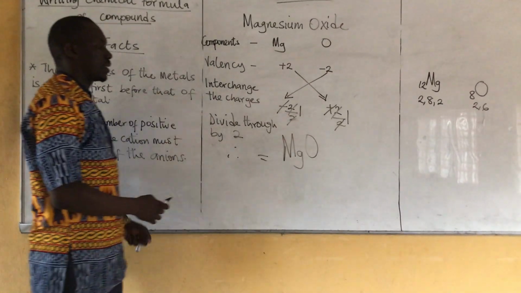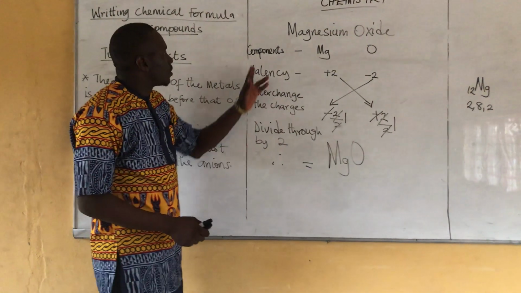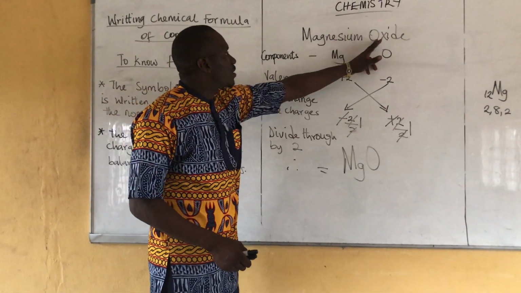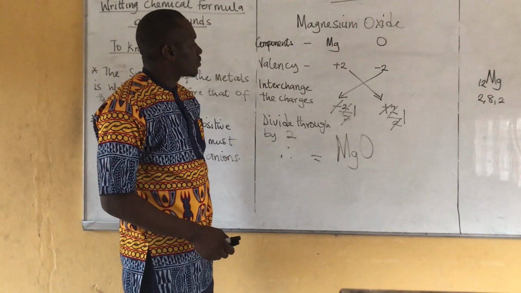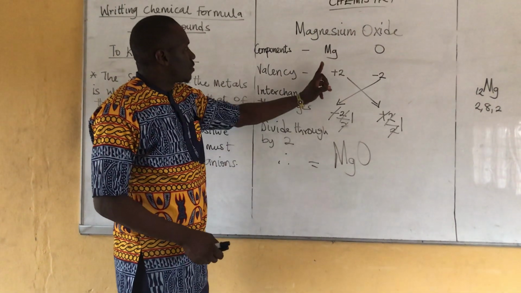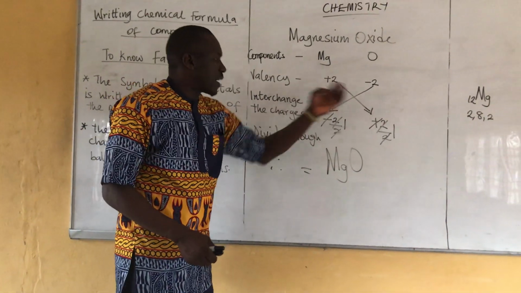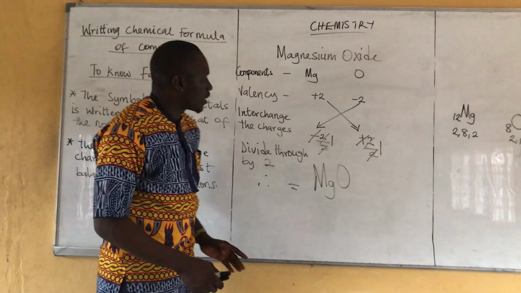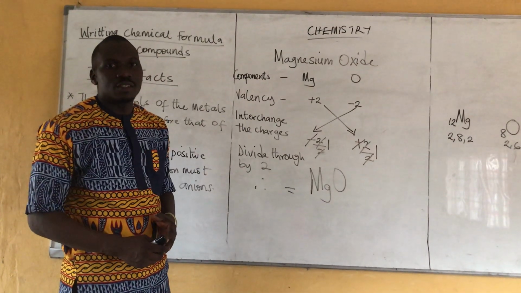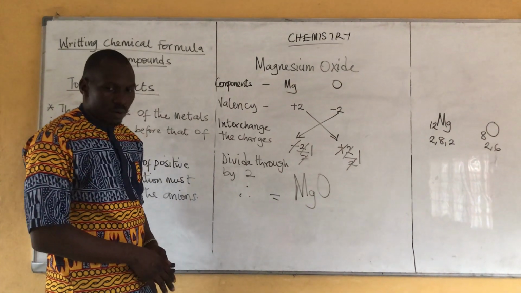Magnesium oxide. Components of magnesium oxide: magnesium, oxygen, valency +2, -2. They interchange their valency, then the charges cancel each other to confirm electrical neutrality. Then we have magnesium oxide.